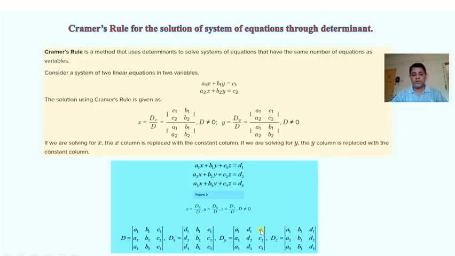When we are talking about y, y will be replaced by constant terms d1, d2, d3, remaining as it is a1, a2, a3, c1, c2, c3. And when we are talking about x, this x column is replaced by the constants d1, d2, d3, and the rest remains the same.